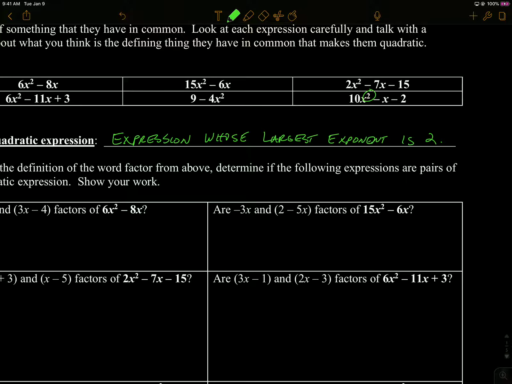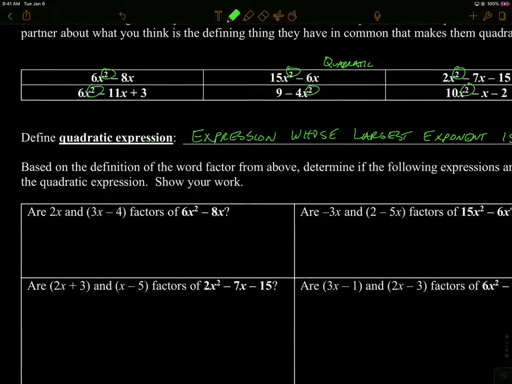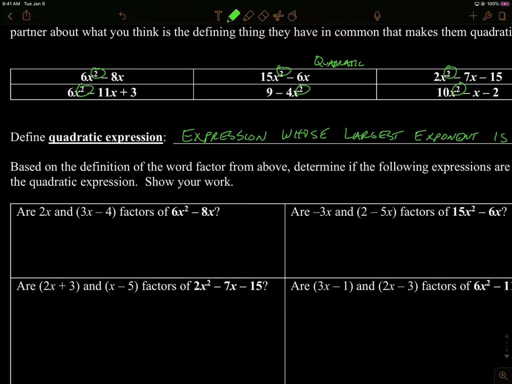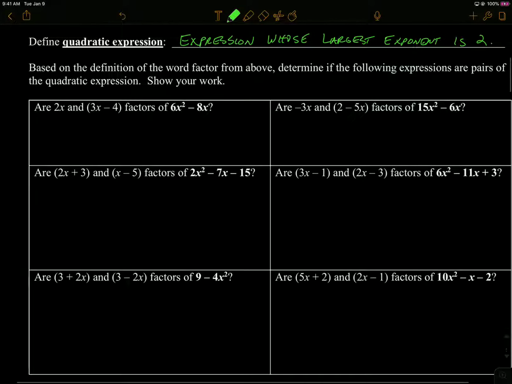So you can see the exponent of 2 being the largest exponent for each one. That's what makes it quadratic. An expression means that it's not an equation, it doesn't have the equals sign. So we're just dealing with expressions.